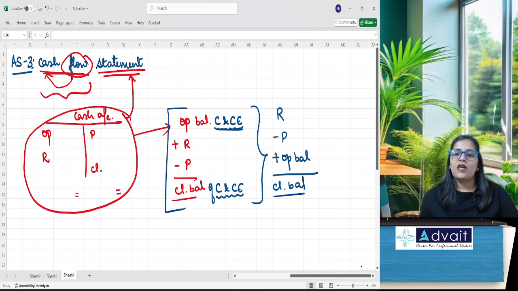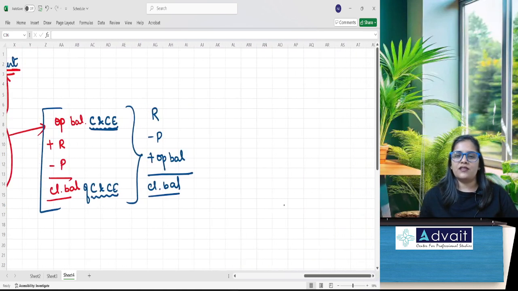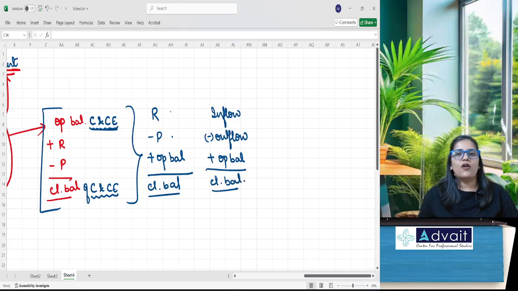Now further rephrasing, receipt and payment will be named as inflow of cash minus outflow of cash, plus the opening balance will give you the closing balance. Receipt is inflow, payment is outflow.